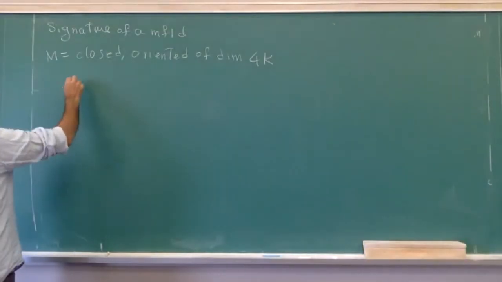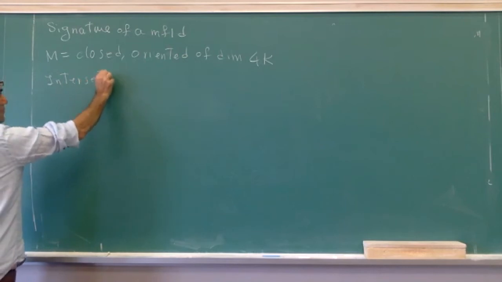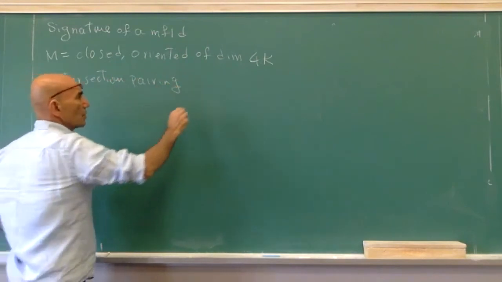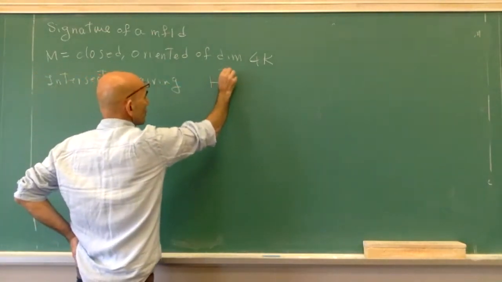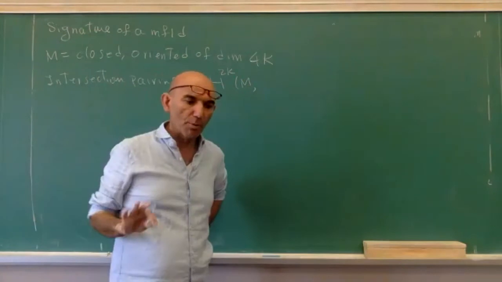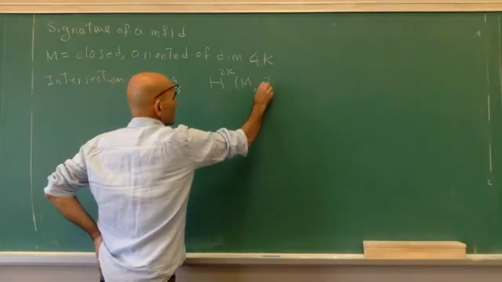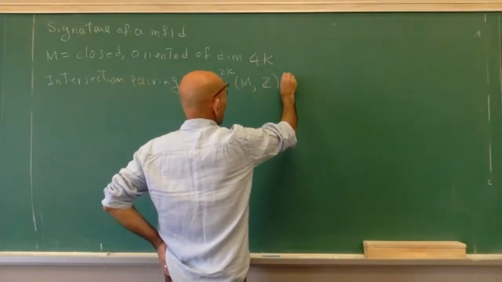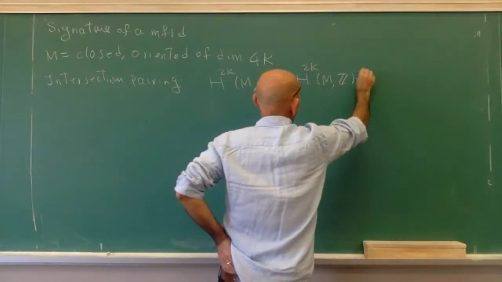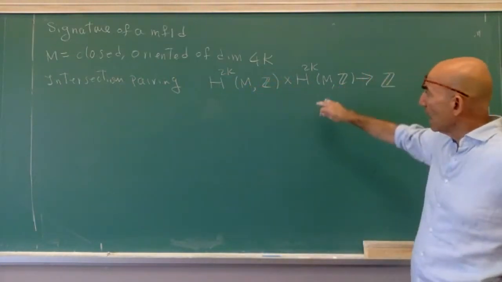Then you have this intersection pairing. So you have this pairing on H^2K(M). Actually, this is purely a topological and integral story to start with, so you can take pairings over Z: H^2K(M, Z) cross H^2K(M, Z) to Z. It works like this.